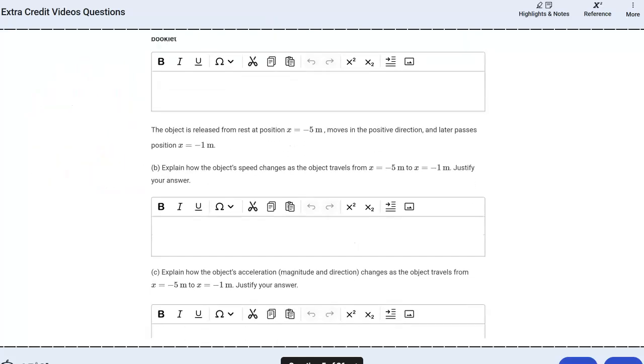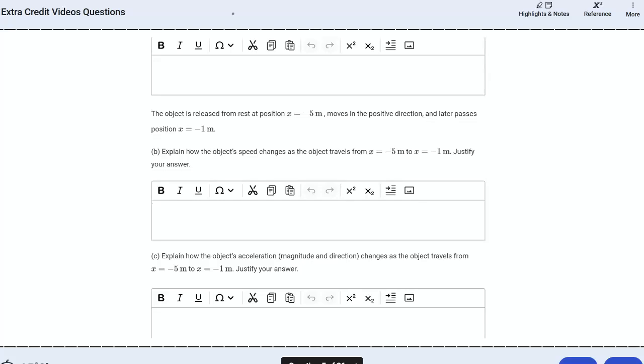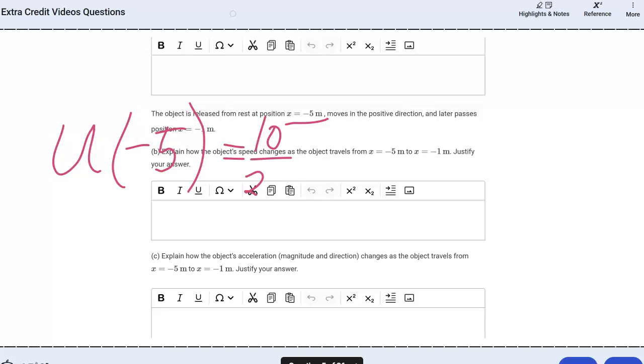Now, B. The object is released from rest at x equals -5, moves in the positive direction, and passes through x equals -1 meter. Explain how the object's speed changes as it goes from x equals -5 to x equals -1. Well, U of -5 is 10 over 26, which is about 0.385.